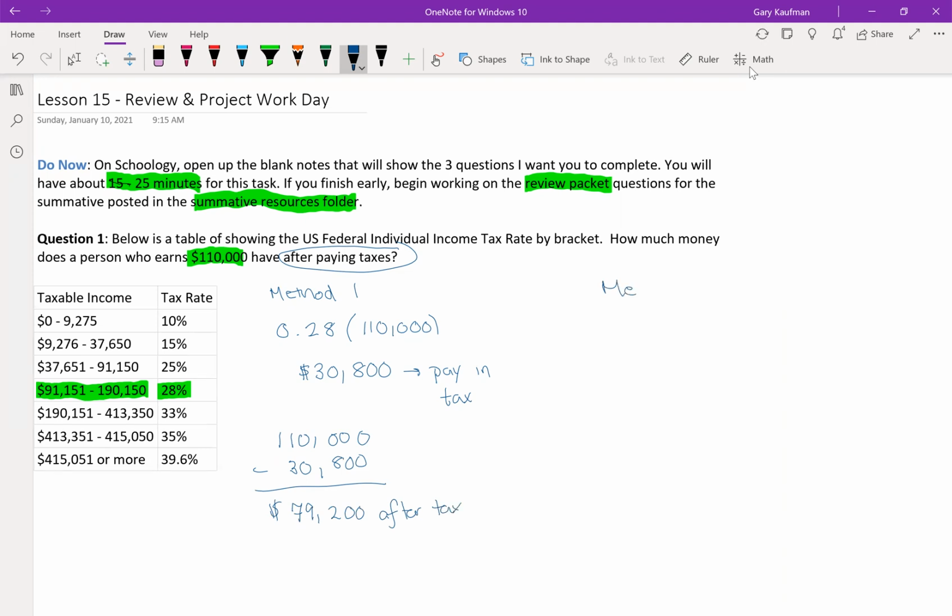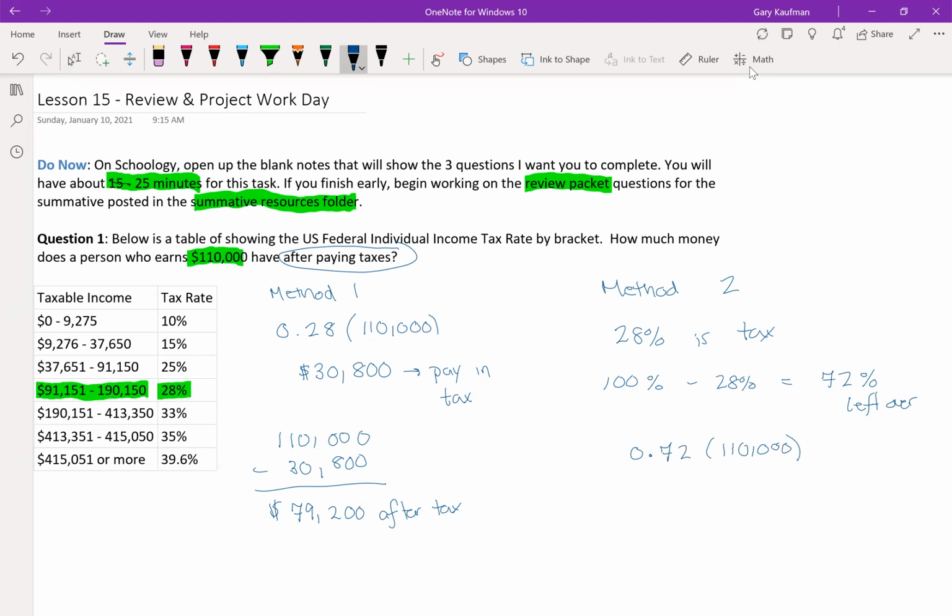Now, method two is realizing that if 28% is tax, well, I could do 100% minus that 28% and realize that they have 72% left over after taxes. So I can go straight to using this number and say 0.72 times the 110,000.